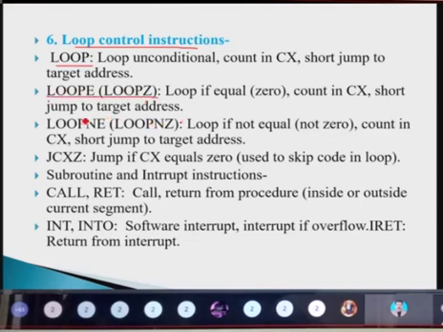LOOPNE or LOOPNZ means loop if not equal, that is not 0, count in CX, short jump to the target address. Next is JCXZ, jump if CX equals 0, used to skip code in a loop.